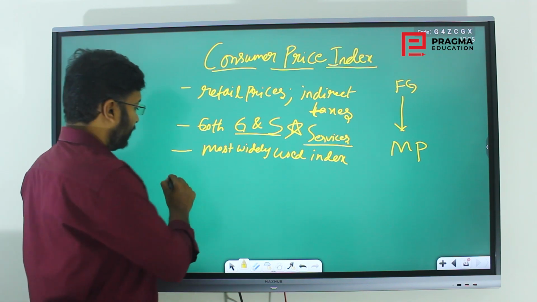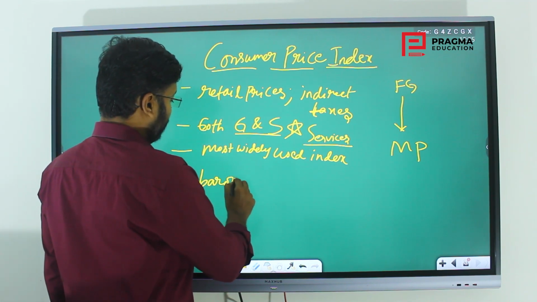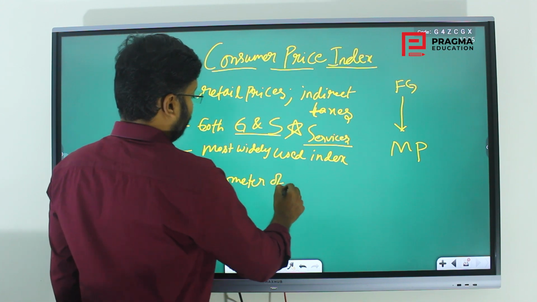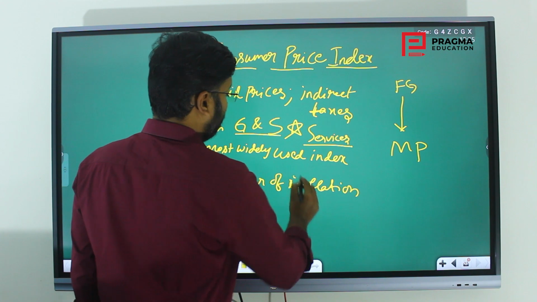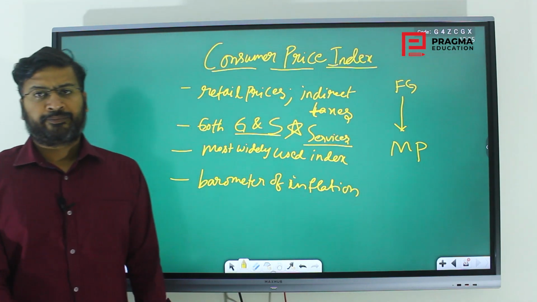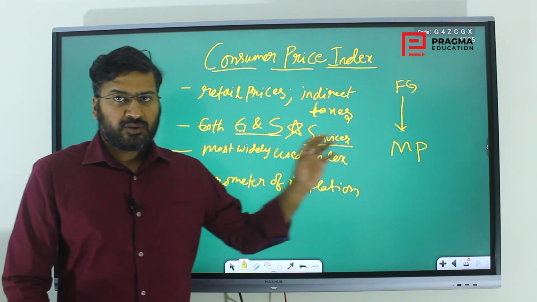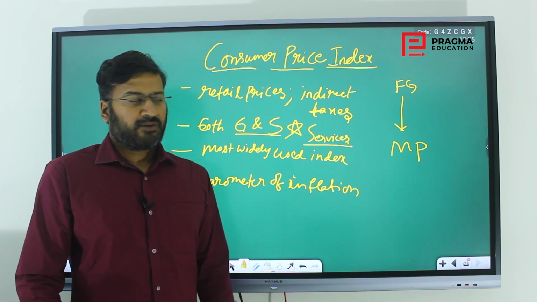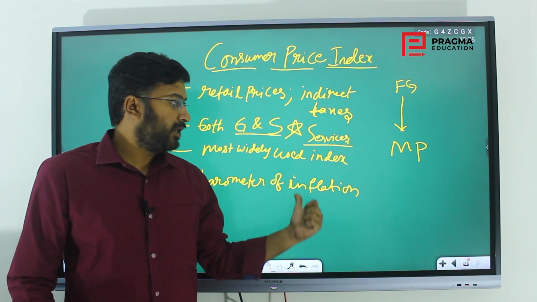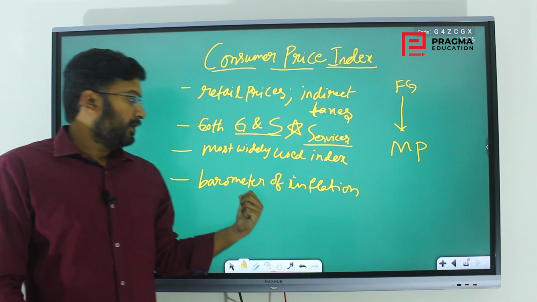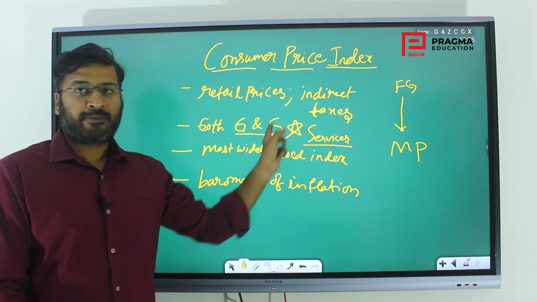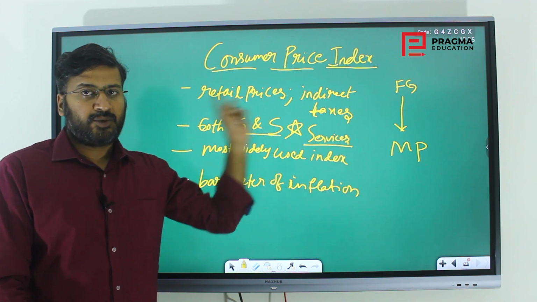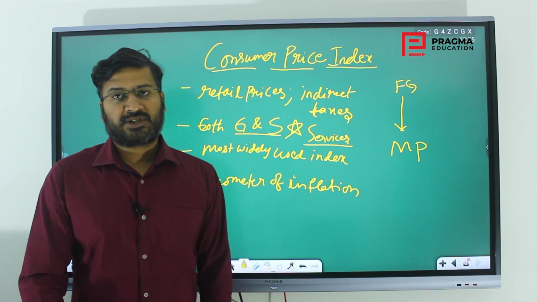And it is a barometer of inflation. Why is WPI not the barometer of inflation? WPI is also a barometer of inflation from the producer side, but in the markets, CPI is the barometer because it includes indirect taxes and it also covers services. WPI essentially leaves all the services out of its ambit.